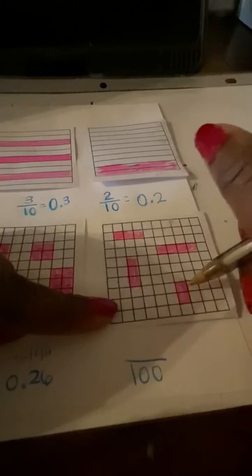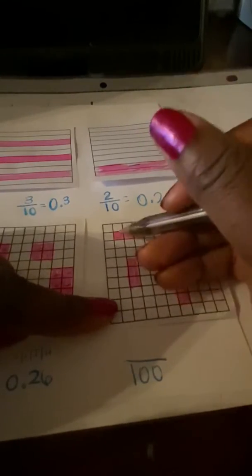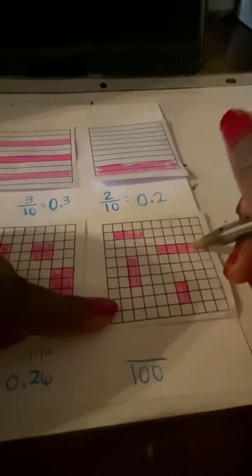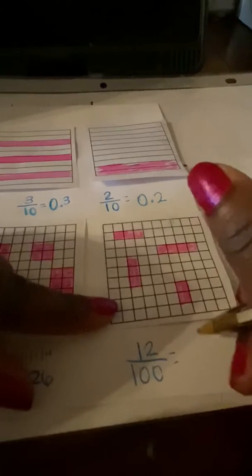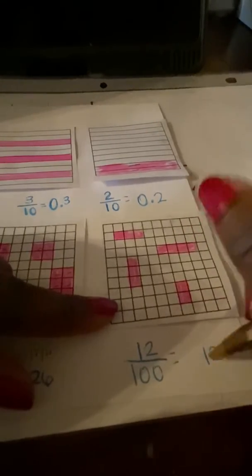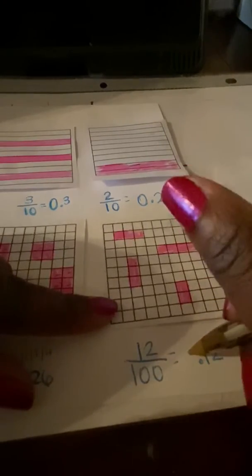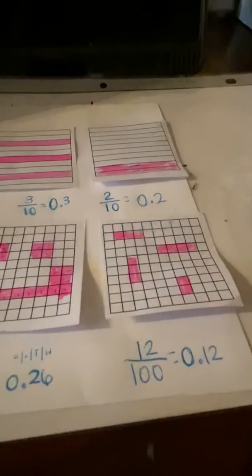Now let's count to see how many pieces are shaded. 1, 2, 3, 4, 5, 6, 7, 8, 9, 10, 11, 12. 12 hundredths. So again, I write my number 12. It's not a whole though, so I'm going to put my period for my decimal, and I'm going to write a 0 because I have absolutely no whole parts.